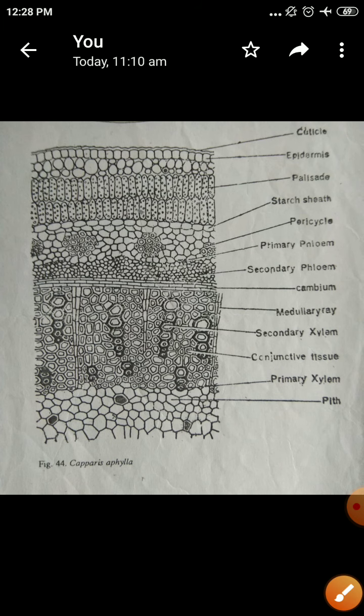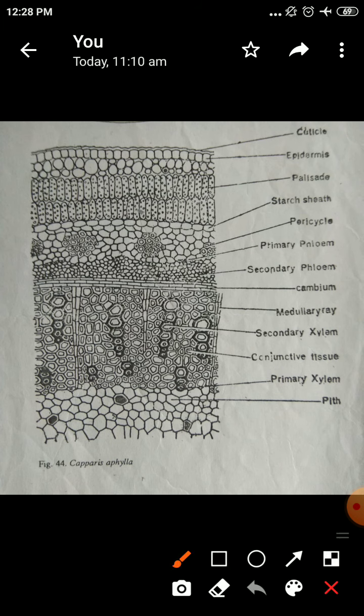Now, in addition to this, the Capparis stem shows the presence of palisade tissue, a photosynthetic tissue. Photosynthetic tissue should be present in the leaves, but this plant has no leaves, and therefore, to perform the function of photosynthesis, the photosynthetic tissue is there in the stem.